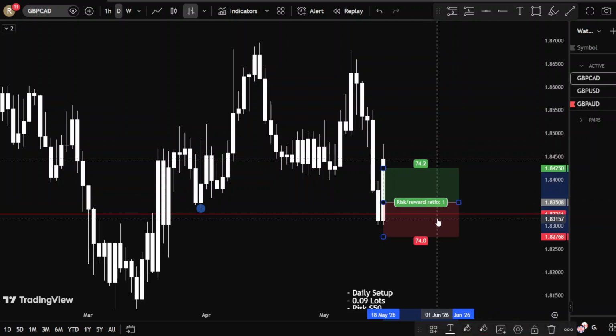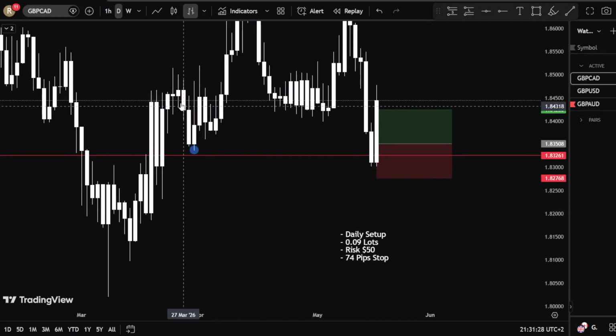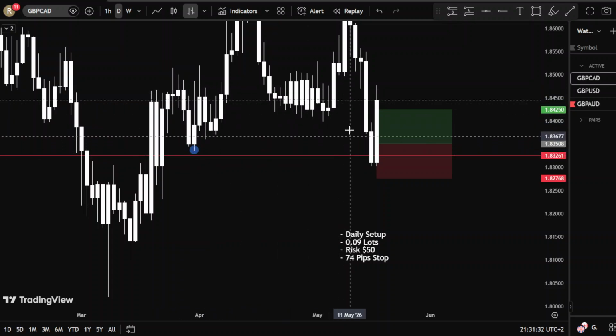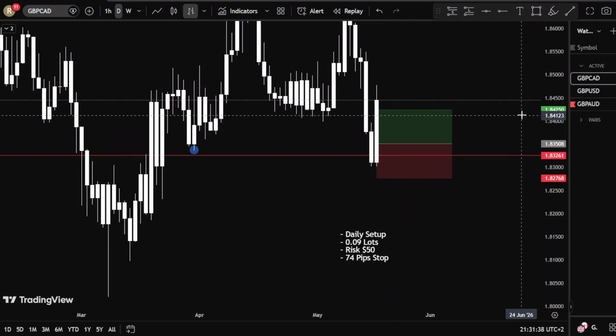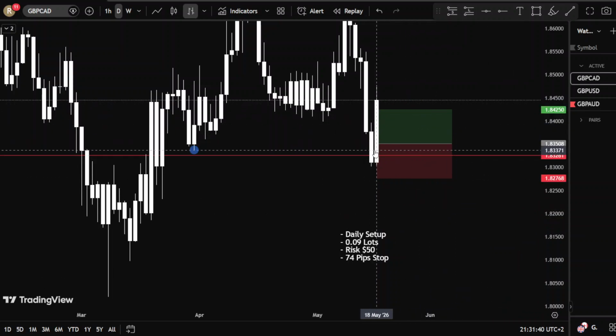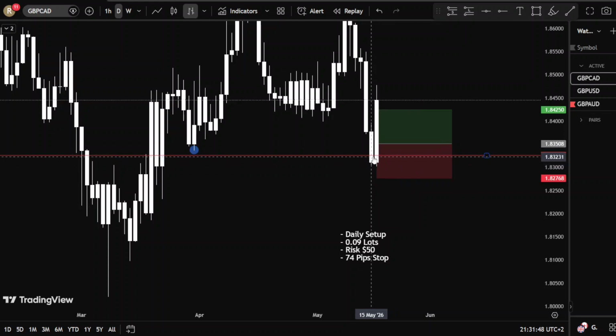For 1-to-1 risk to reward. The reason again is very simple. It comes down to the line. I waited for the alert. I always wait for the alert to go off. If the alert doesn't go off, then I don't take the trade. So now it had gone off, and I was just waiting a little bit for the rejection. At the time I was sleeping while I was waiting, because it was night.